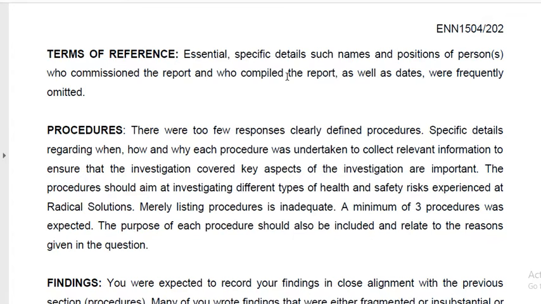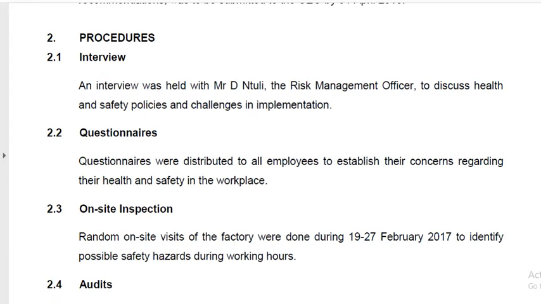Okay, fine. Let's go to the example. All right. Number 2, procedures. 2.1. Make sure that you number these things accurately, you guys. Interview. An interview was held with Mr. Dean Tuli, the risk management officer, to discuss health and safety policies and challenges in implementation.